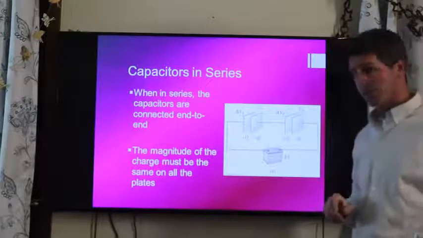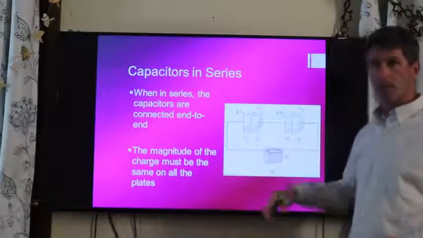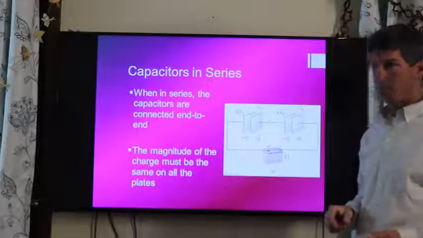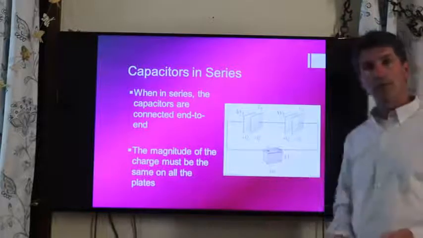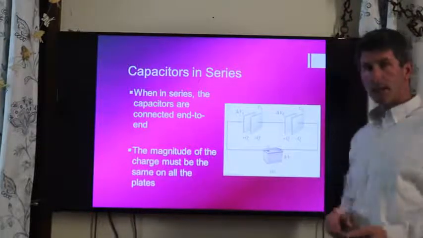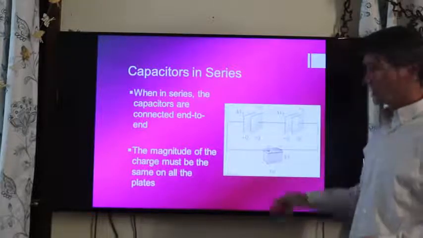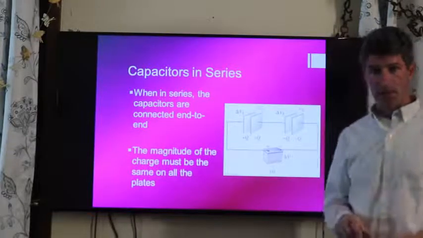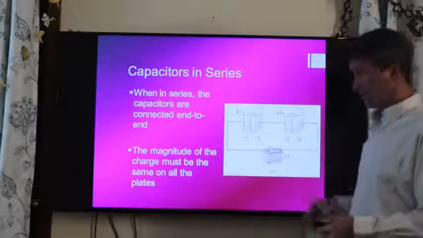These are actually open circuits. We can keep building up charge up to this point, but eventually it's going to stop. We can have charge move back to the battery on the negative side. But again, what happens to this capacitor is going to be the same in terms of this capacitor. It's related to how much current flows in our series circuit.